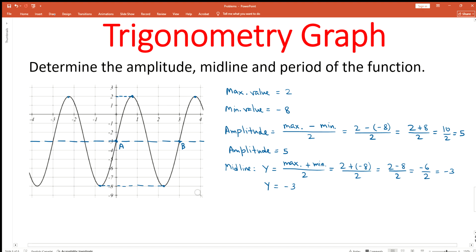So the period of this function is the distance between the points A and B, which is equal to 3 units. So the period of this function is 3.